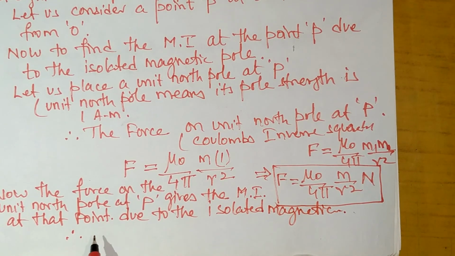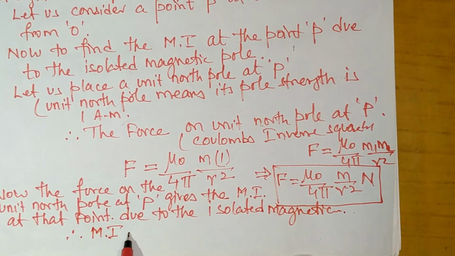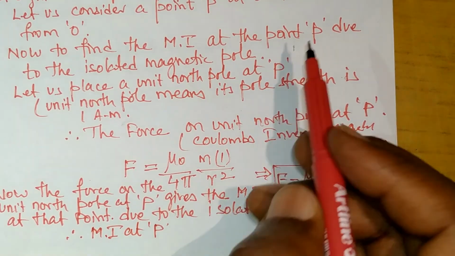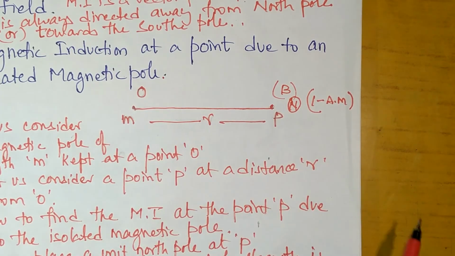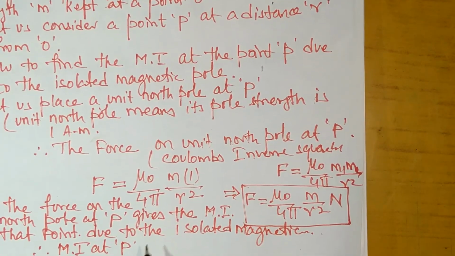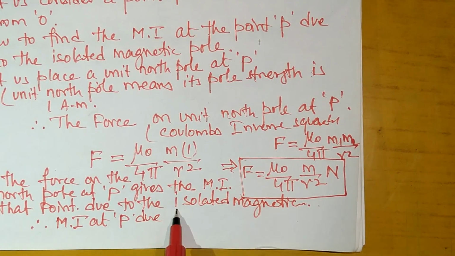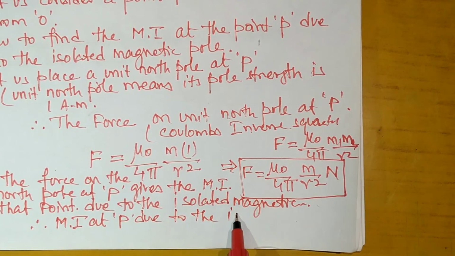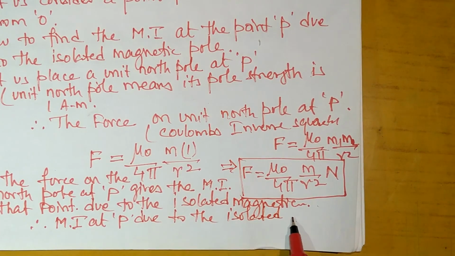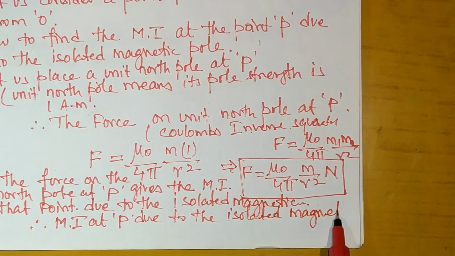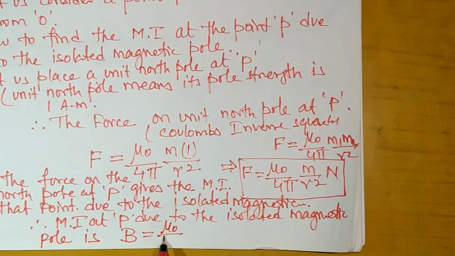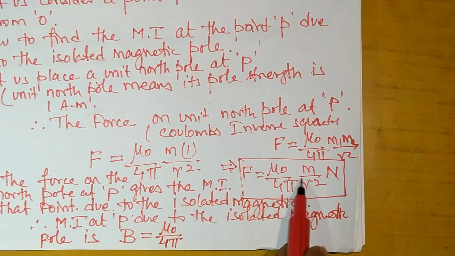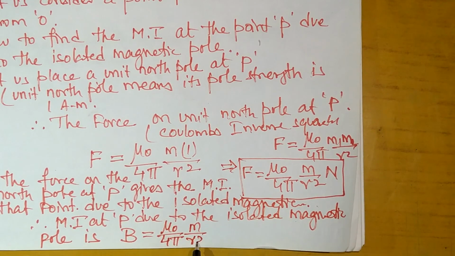Therefore, I can write the magnetic induction at P due to the isolated magnetic pole as B is equal to mu naught by 4 pi m by r square.